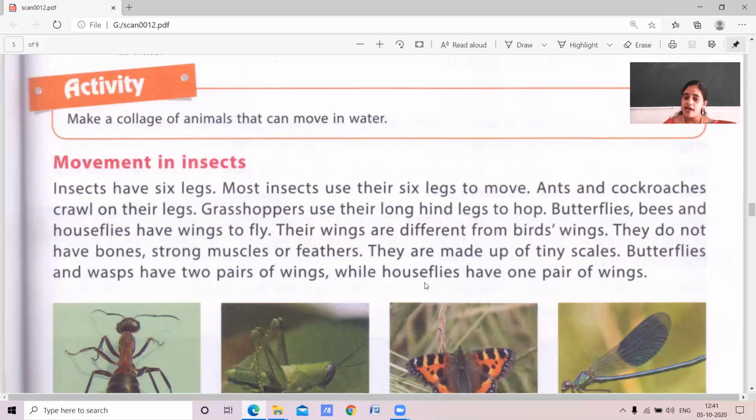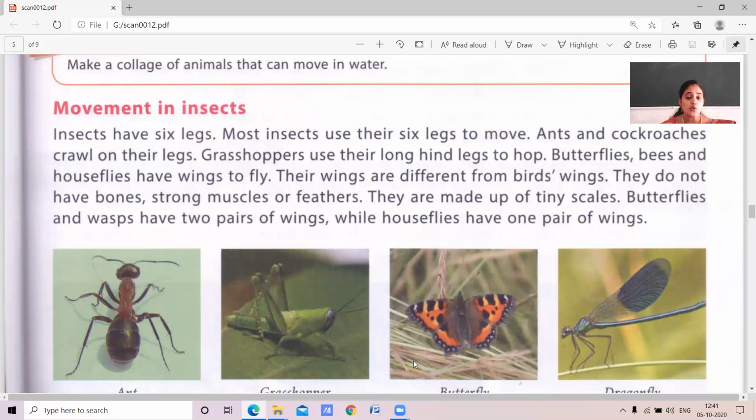Butterflies and wasps have two pairs of wings. We can see the wings in the butterfly, which is so beautiful. So the butterfly and wasp have two pairs of wings, while the housefly has one pair of wings.